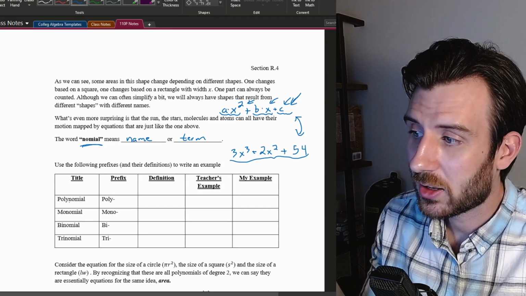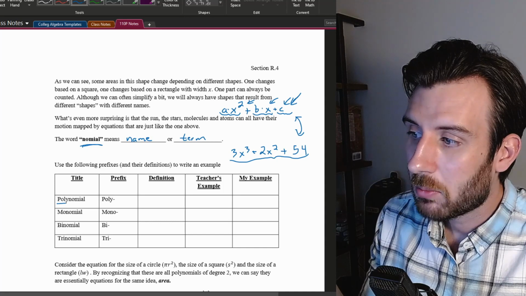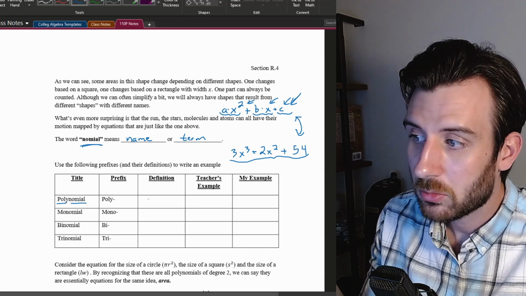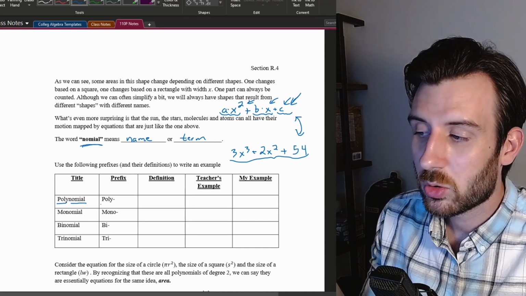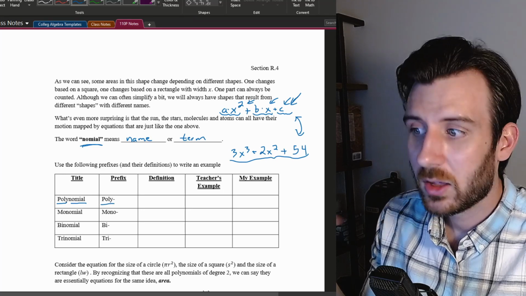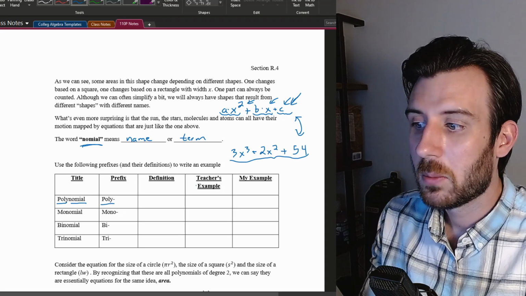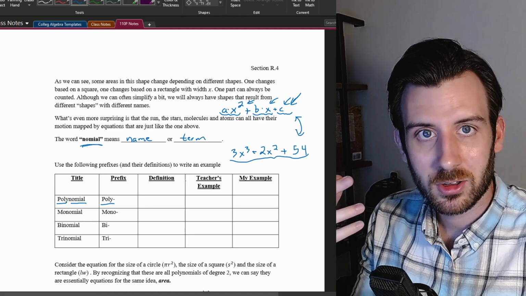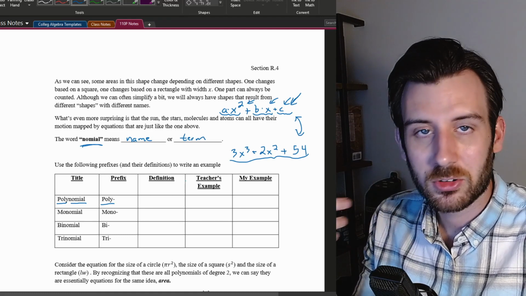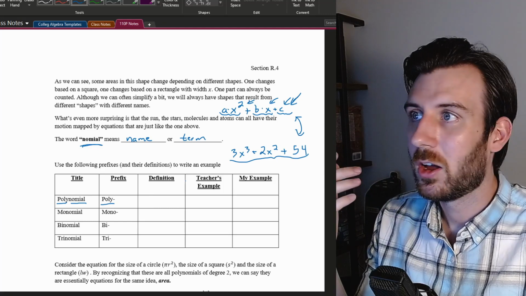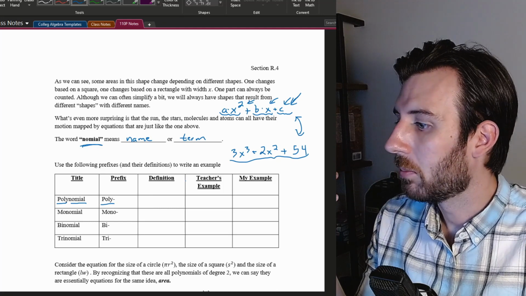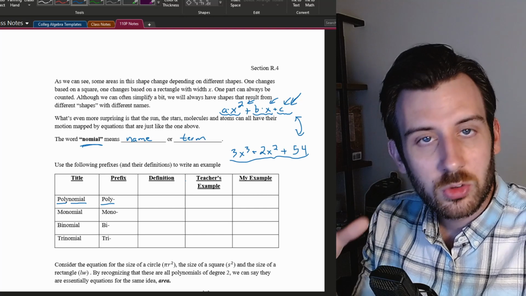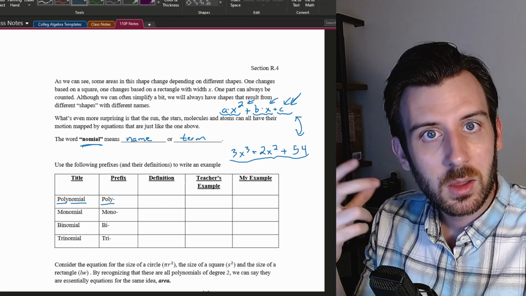So first thing we're going to say, anything that has multiple names, we're going to call a polynomial. And so the word poly here means many. And you can think of this as appearing in a number of different words. You can think of polyamorous or polygamy, or you can think of it as polymer. All of these uses of poly mean many.